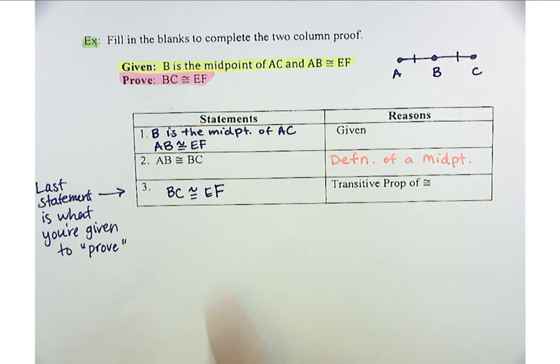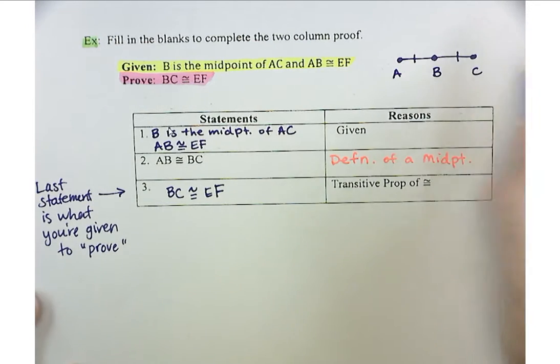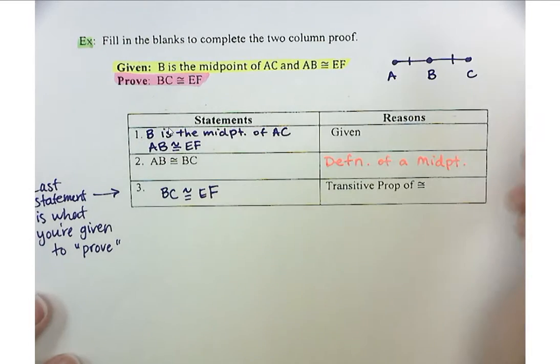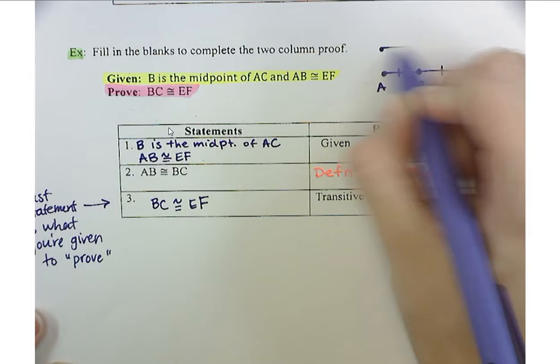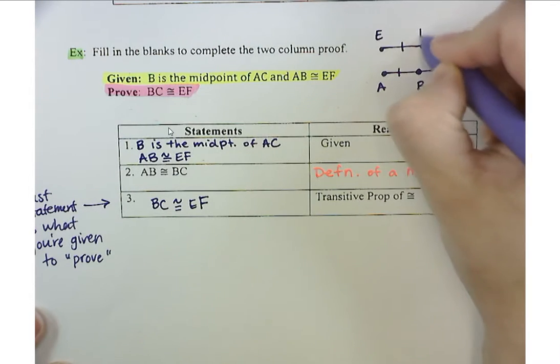Okay, now here we don't really know what EF is. We could add that pretty much anywhere to our picture. You could extend this if you wanted and put in your E and your F. But what we do know is that AB is congruent to EF.